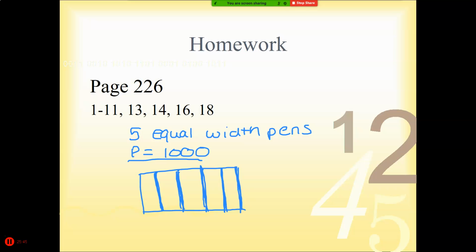So if my entire width is W, my length is L, area is still length times width, however, perimeter is now adjusted in a way that it's 2W plus the 1, 2, 3, 4, 5, 6 L's.